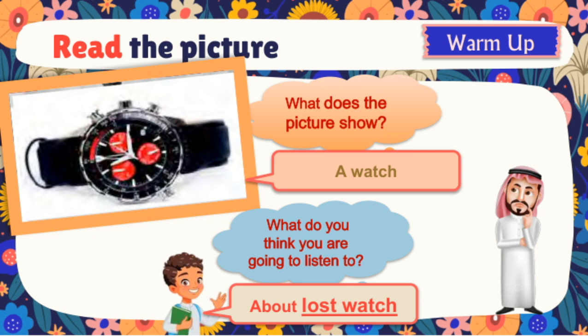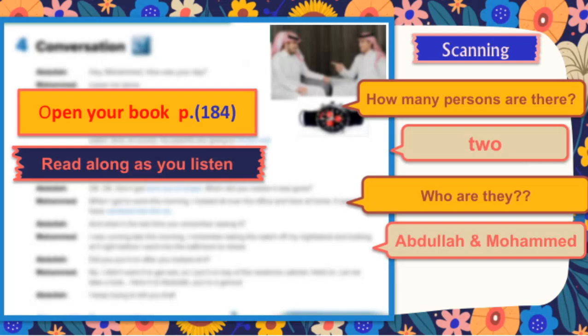So, as we proceed, keep in mind how details like a watch or a picture can tell us a story or reveal something important. Read along as you listen. Open your book to page 184. Today, we're focusing on Abdullah and Mohammed. Who are they? They are two individuals we're going to learn about.